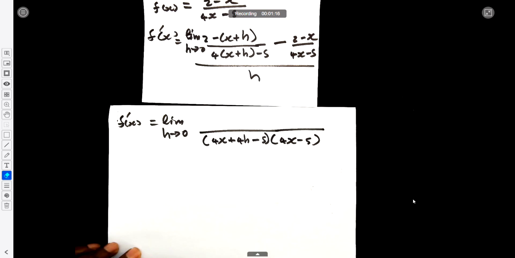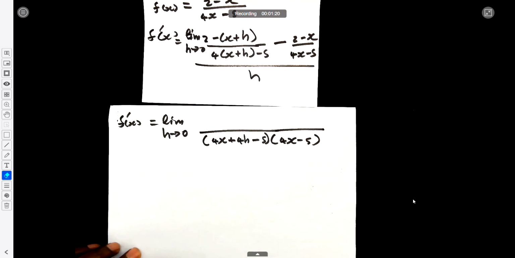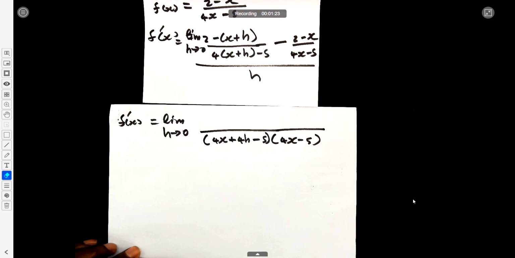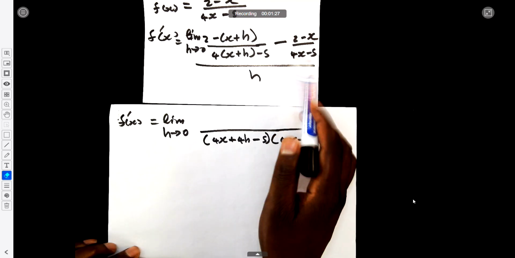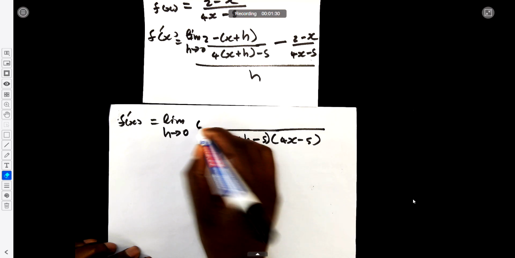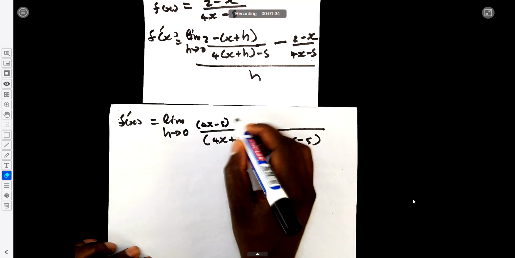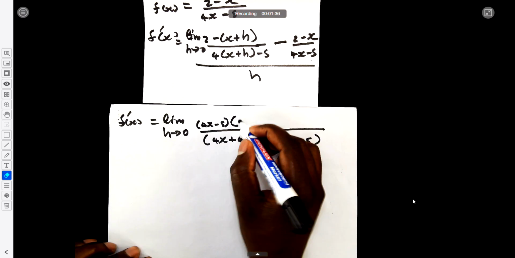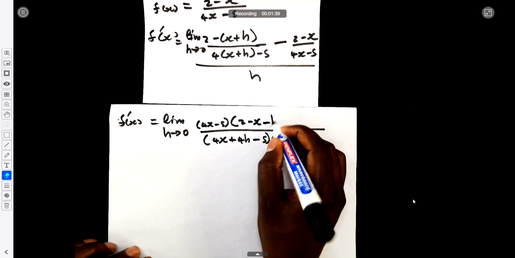These factors have to appear once in the denominator. Now you can do your cross multiplication: this multiplies the other numerator, where you'll have 4x minus 5 in brackets, and while we are simplifying, that will have 2 minus x minus 8.